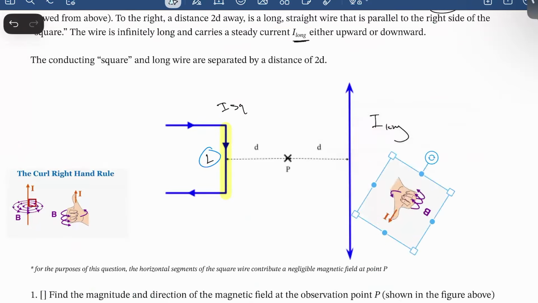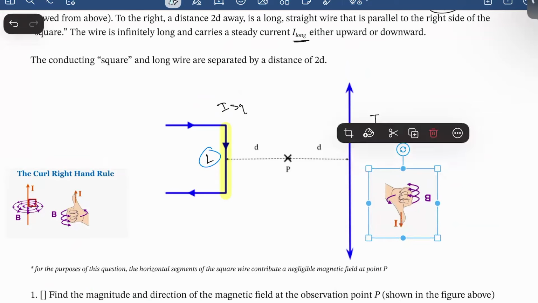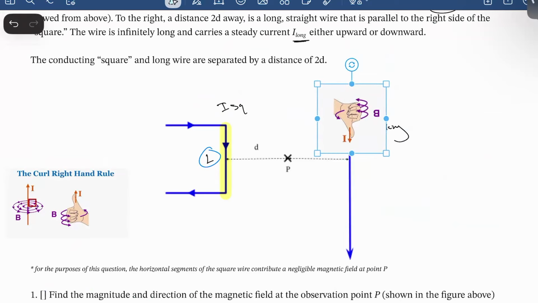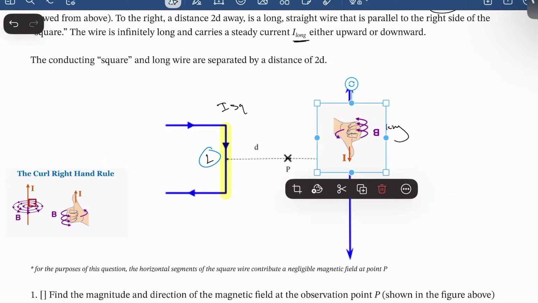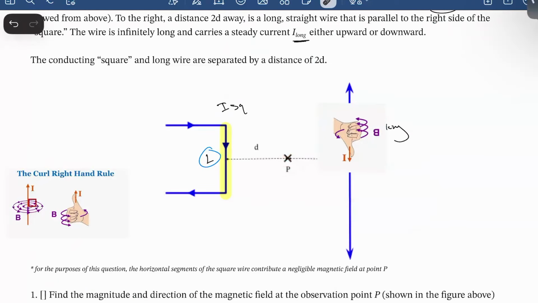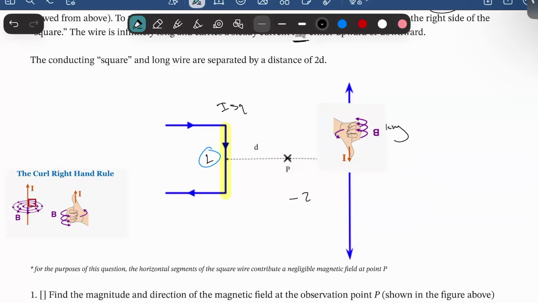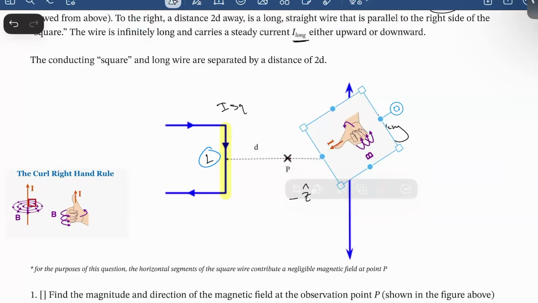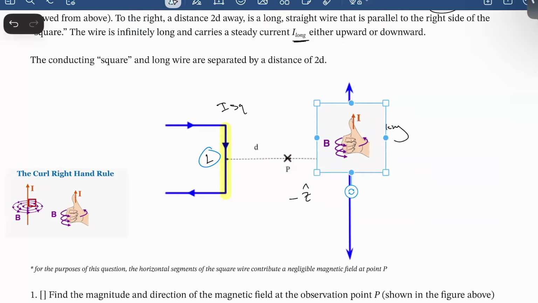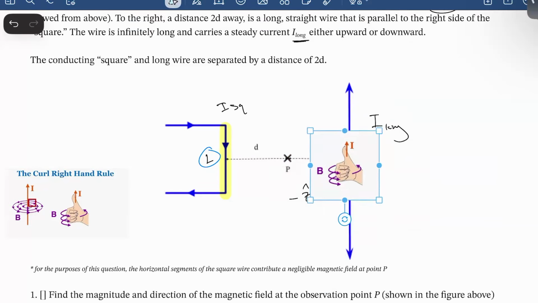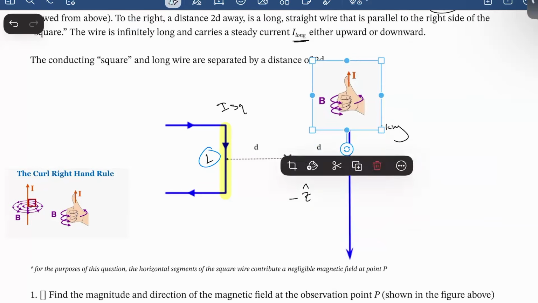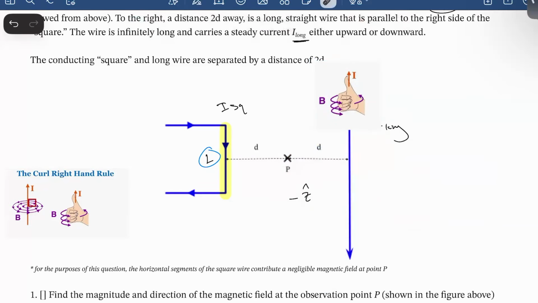If the current was flowing down, then by the time your fingers wrap around to your observation location P, it's going to be pointing into the page, which is what we want. It's going to be pointing in the negative z hat direction. But if you were to first try pointing your fingers in the positive y direction, then when you reach the observation location, your fingers are going to be pointing out of the page, which is not what we want.